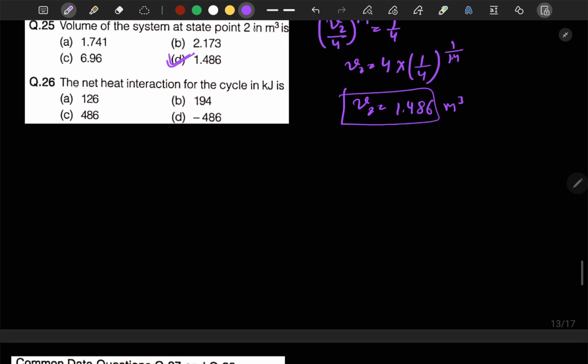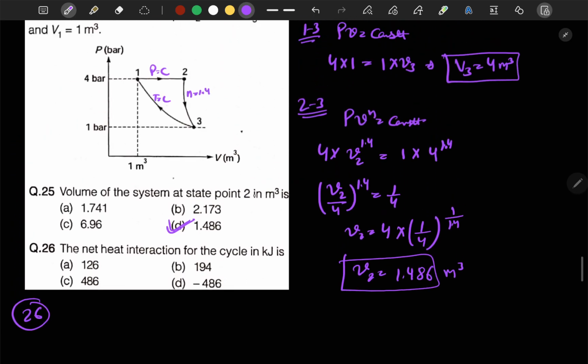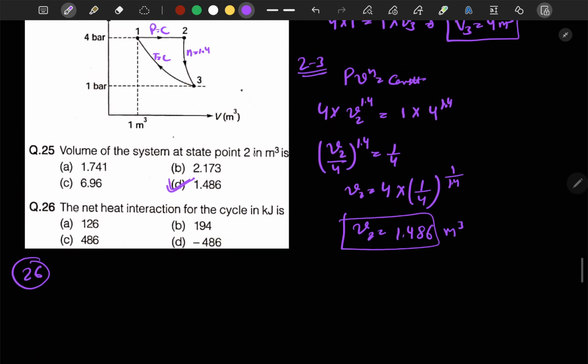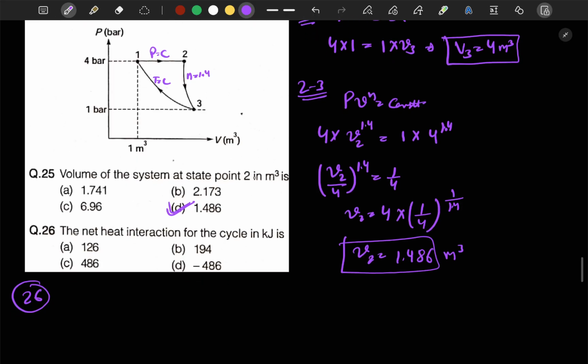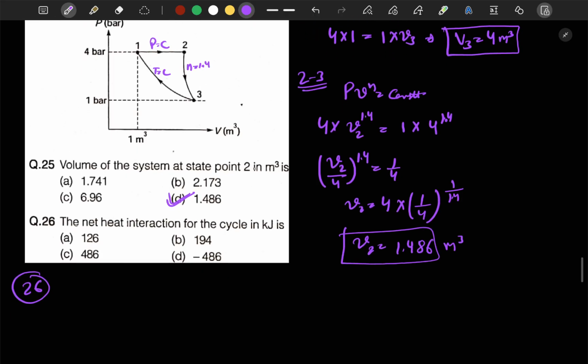And for question number 26, we have to calculate the net heat interaction for the cycle in kilojoule. Since it is a cycle, net work interaction will be equal to net heat interaction. We can calculate the area.